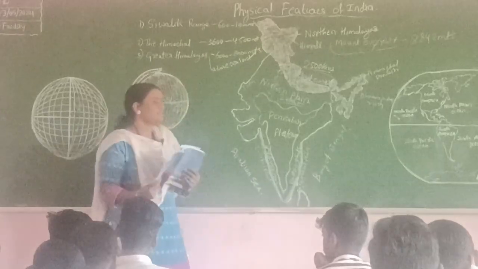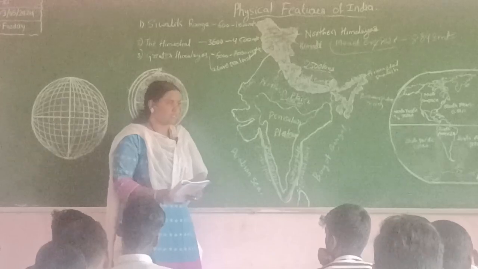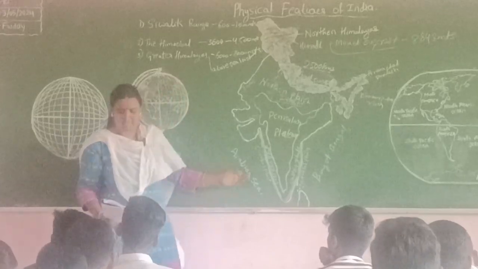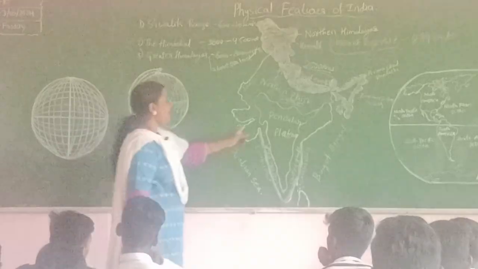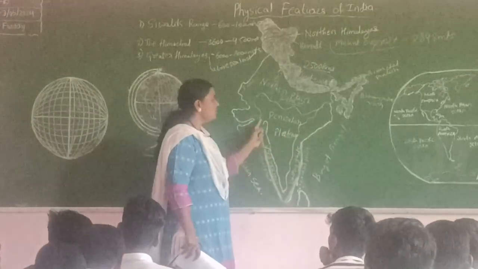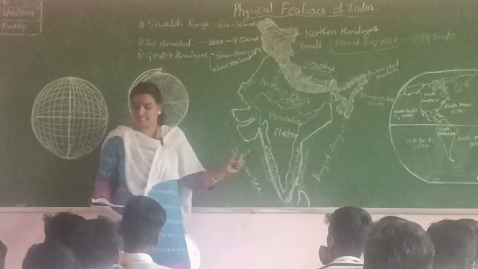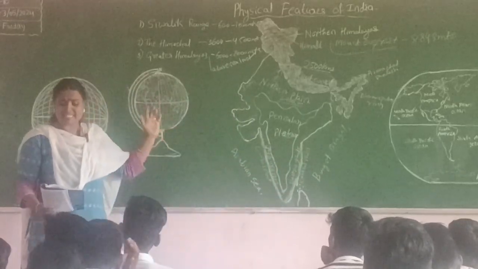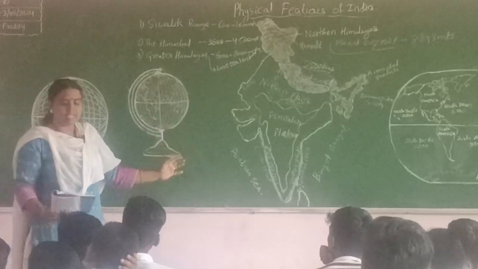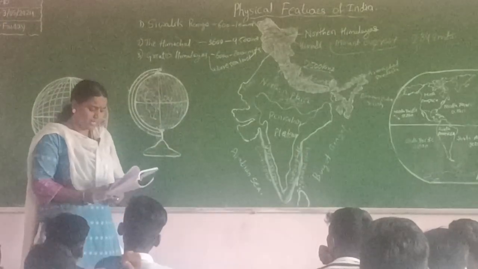So this is also called the Gondwana land mass. Its area is about 16 lakh square kilometers, and it stretches from the Aravalli mountains in the north to Kanyakumari in the south.